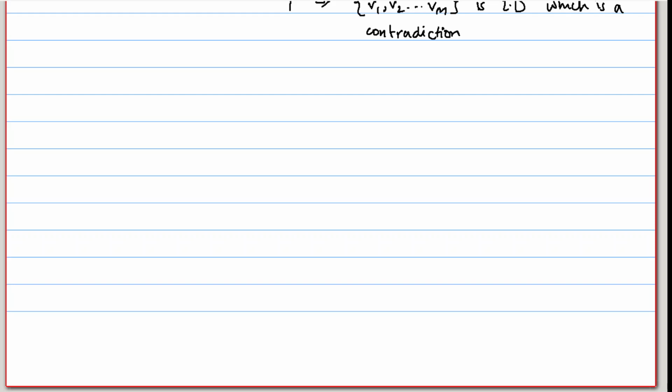Another important property I like to note down is the following, which can be treated as a corollary.